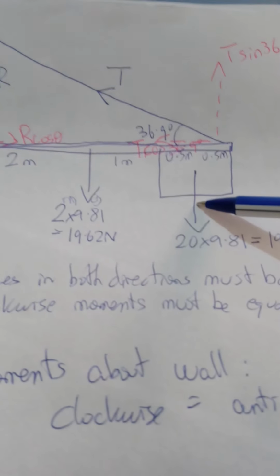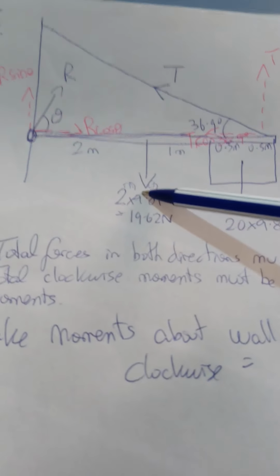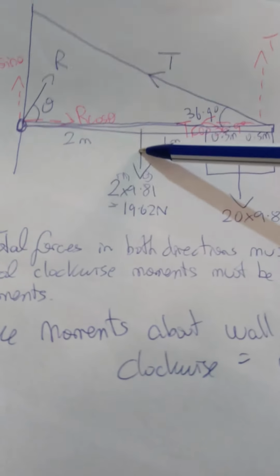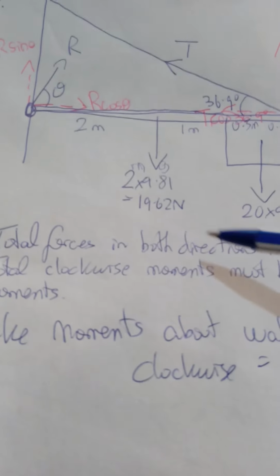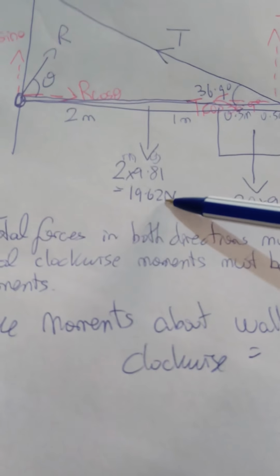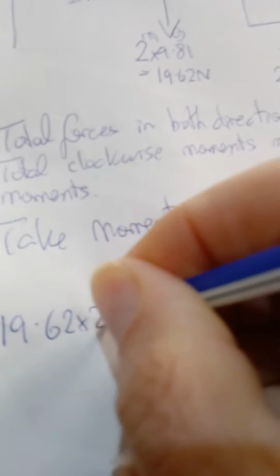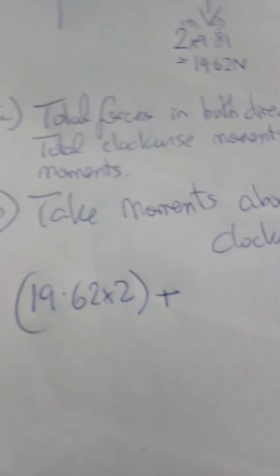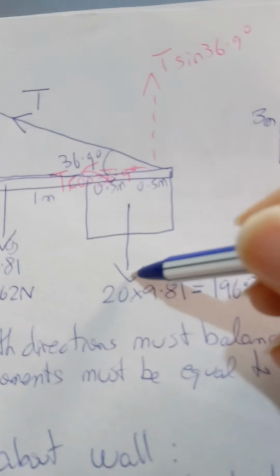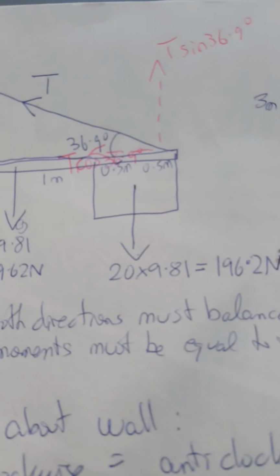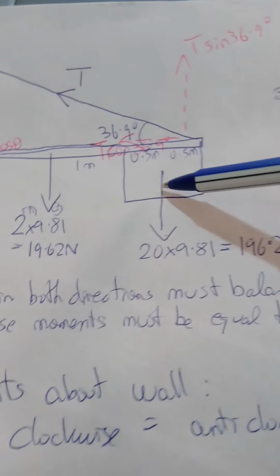Clockwise moments will be this moment and this moment. So this force times this distance, which is 19.62 times 2. So we'll write it down in brackets because we've got another one. This also is clockwise, 196.2, and this distance, as we said, is 3.5 meters.